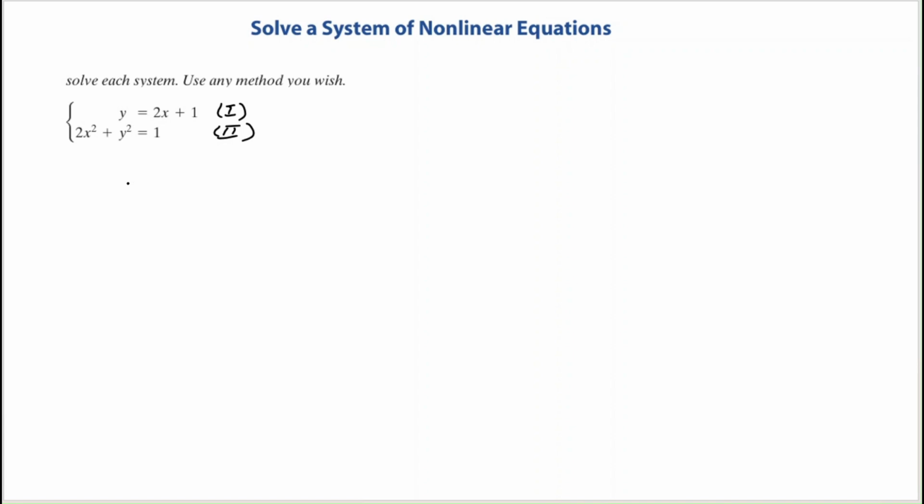So how can we solve a system of nonlinear equations like this? Well, in this case, I will do it by substitution, and I substitute y by the x expression in equation 2.